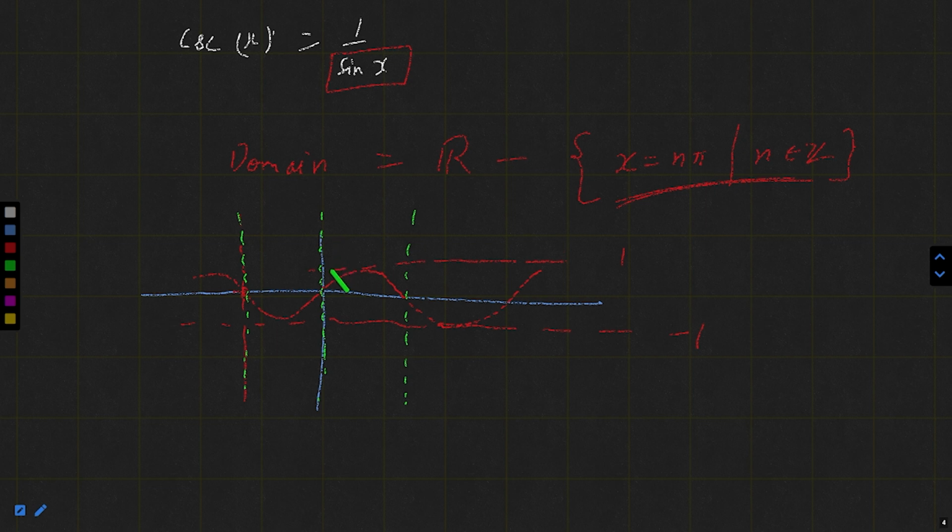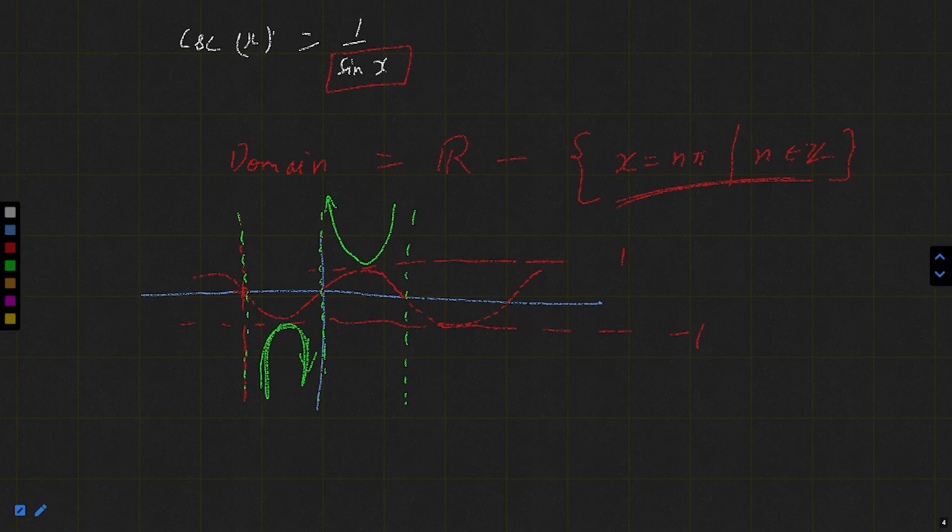And if x is near 0 from the left side, cosec goes to minus infinity. So from this side it goes to plus infinity, and from this side it goes to minus infinity.